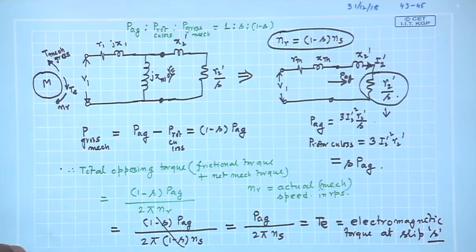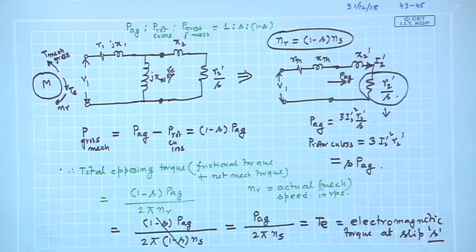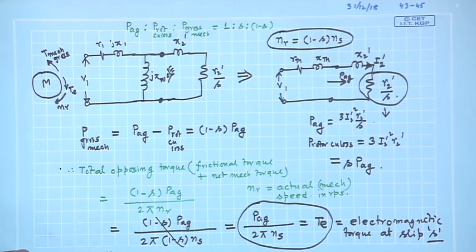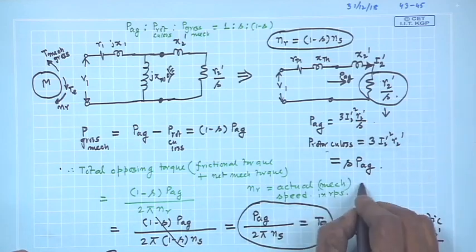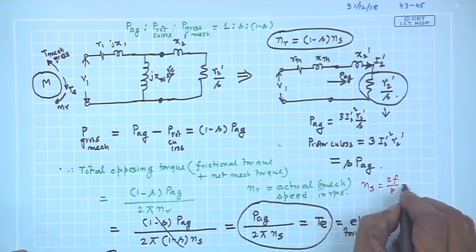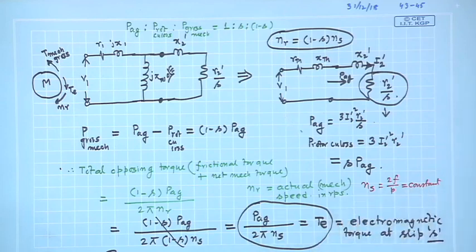So, this is the expression of electromagnetic torque, of which you must note this point, that this Ns is constant. Ns is equal to 2f by p, constant, so long as the supply frequency is constant and the machine is given. So, p is also constant.